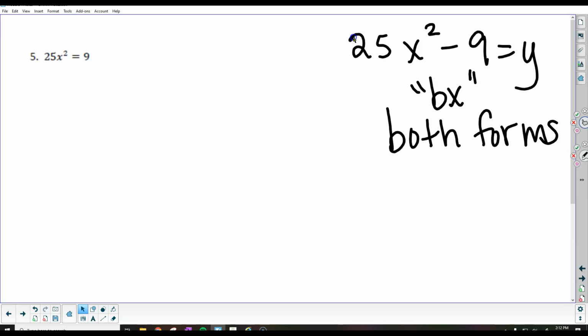So right here where it says solve by roots, if the bx is missing, you have to solve by roots, because when the bx is missing, it's in vertex form. And that's the only time we solve by roots. The only time we solve by roots is when it's in vertex form. So I would write that down too. Solve by roots, vertex form only. That's it.